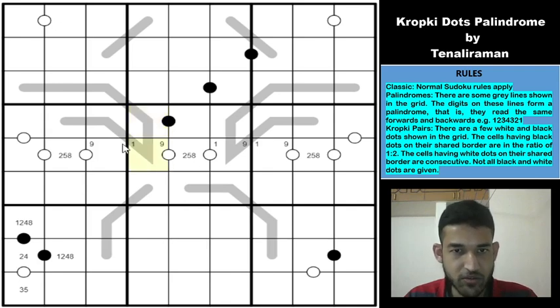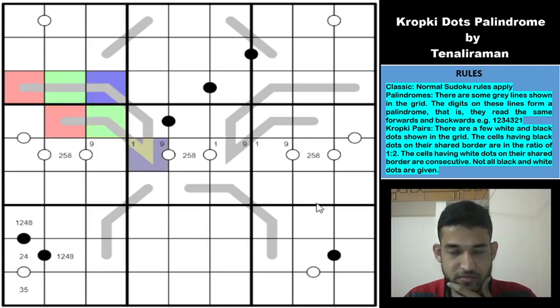So let us use some highlighting maybe. Okay, let us use some colors. So red cells are going to be equal, green cells are going to be equal, and blue cells are going to be equal. And similarly, in this direction we'll use some other set of colors. Yellow cells are going to be equal, and what is this color?